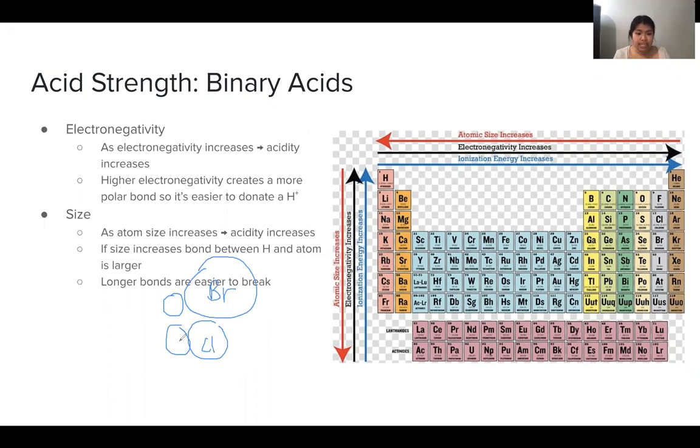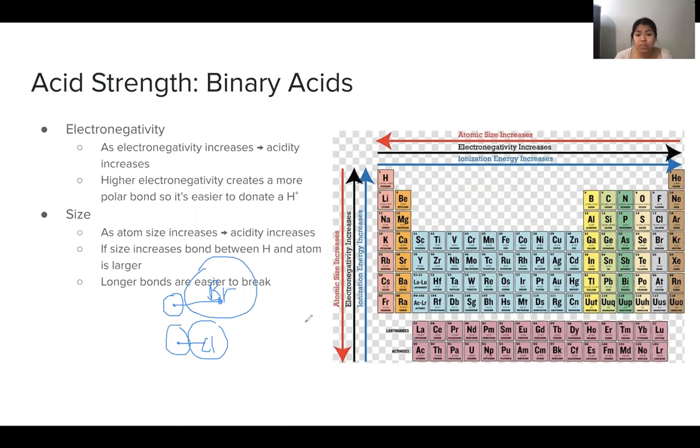The bond distance between the middle of each, the HCl creates a shorter bond than that of HBr. And if you remember from previous chem classes, a longer bond is easier to break. It's like if you take a long stick and you break it in half, it's easy that first time. But if you try to break it again, it becomes a little bit harder. As it gets shorter, it gets harder and harder to break.